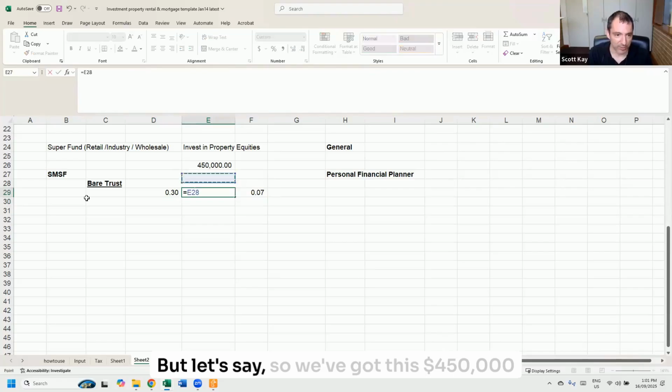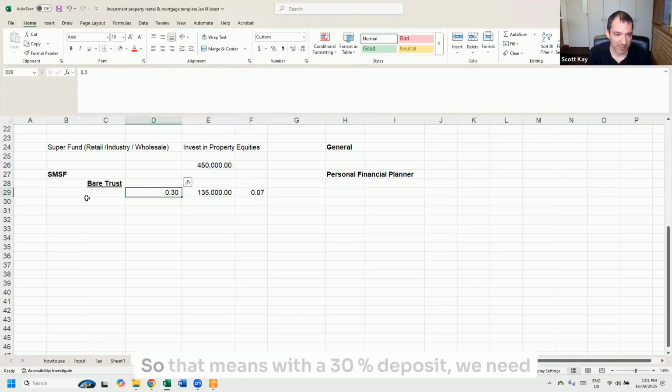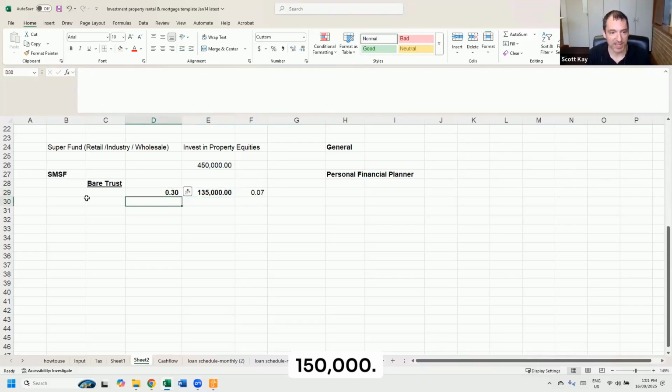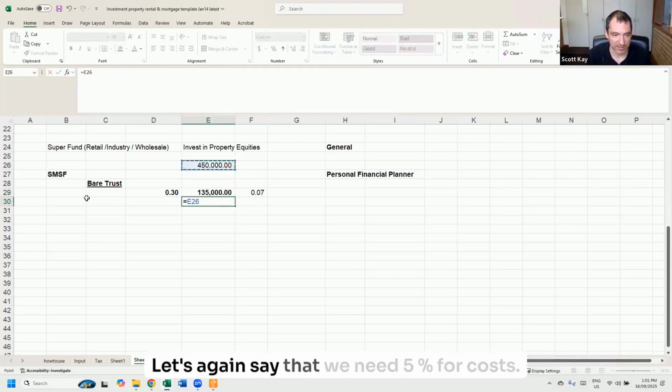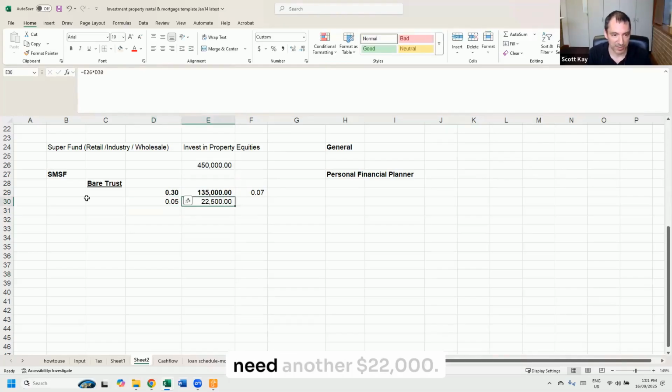But let's say we've got this $450,000 property. So that means with a 30% deposit, we need 150,000. Let's again say that we need 5% for costs, another 22,000.